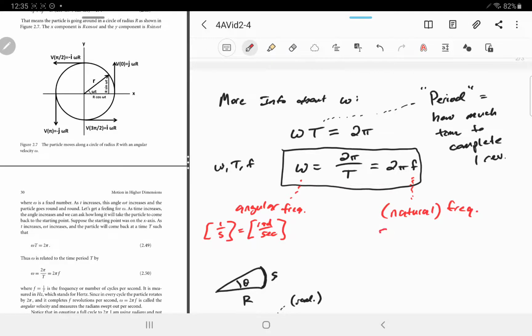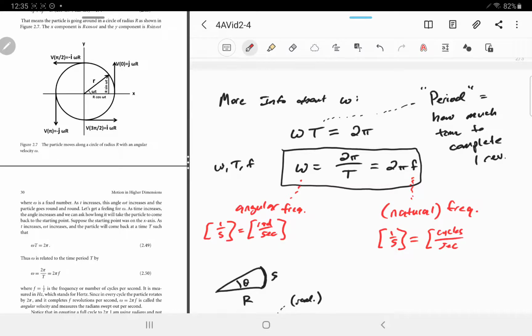So natural frequency, you might see it as 1/seconds, but that's bad because it really is confusing with this. So I'm going to try to avoid 1/seconds. I'll really just try and write radians per second for omega. And then for natural frequency, this is in cycles per second. It's how many times you go around the circle in 1 second.